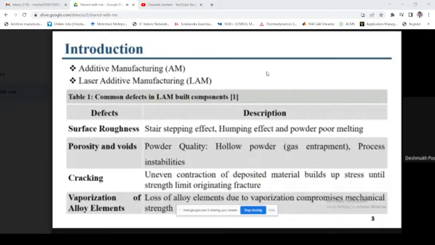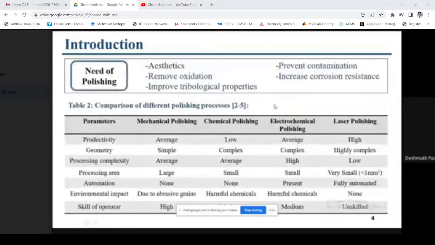Then there is uneven contraction because of the rapid heating and solidification. Then some of the alloying elements may have a lower melting, or we can say vaporization, temperature, so these may get vaporized at a lower temperature than other elements. So for these components, post processing is necessary.